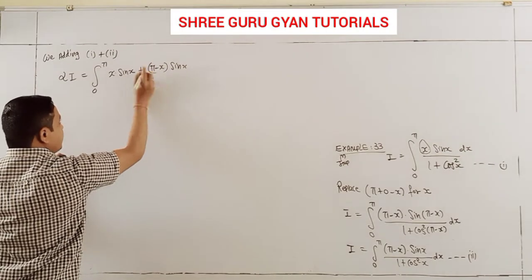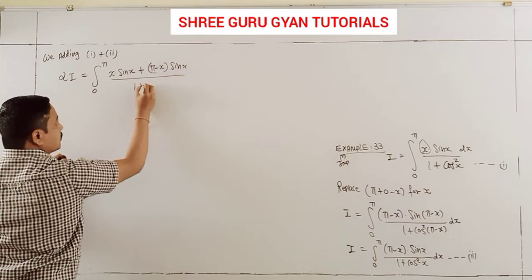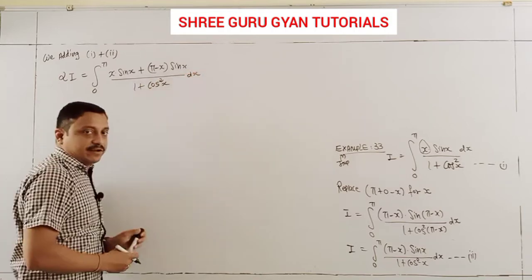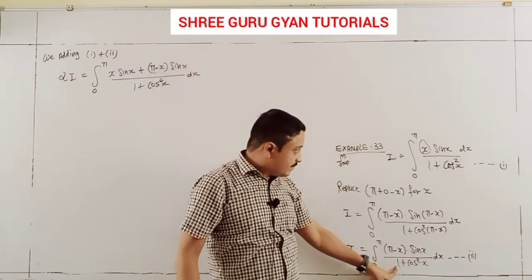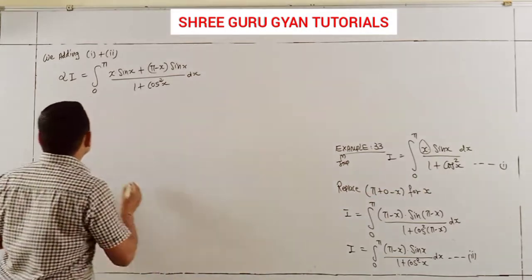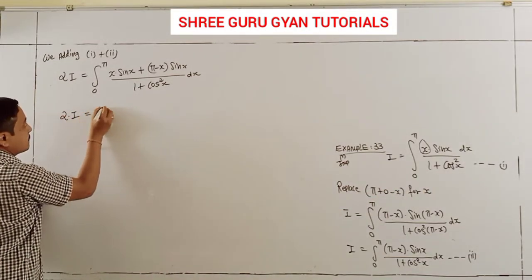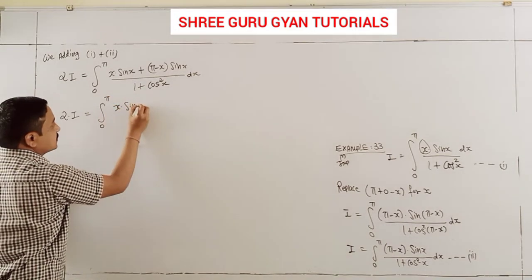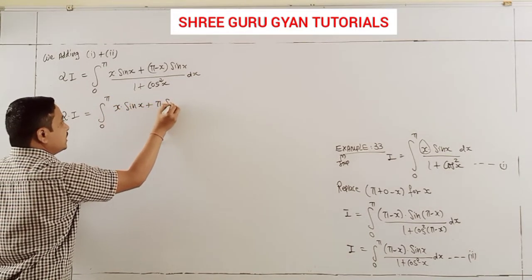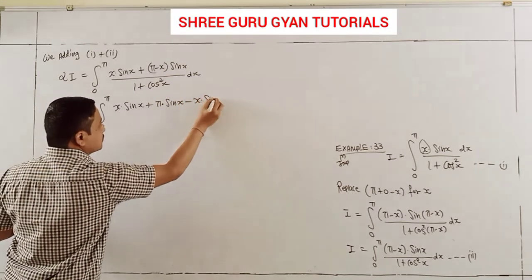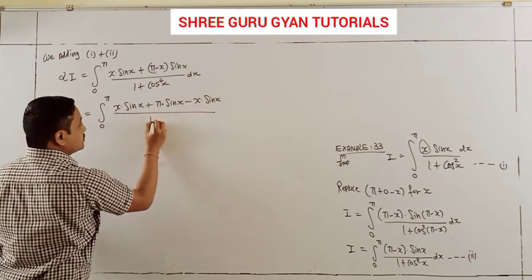Both LCM are the same, and 1 plus cos square x as it is. Again repeat, this LCM part and this LCM part both merge. So 2I, 0 to pi, x sin x plus pi sin x minus x sin x, upon the same.